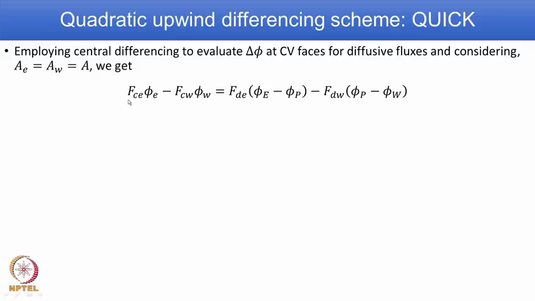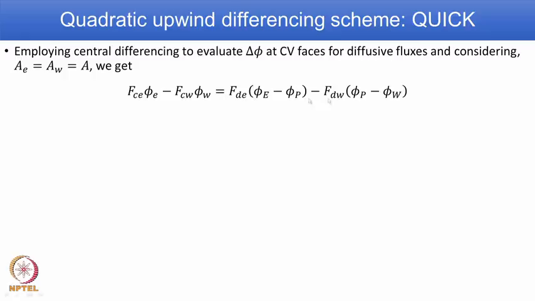This F is a flux, subscript C stands for convection and E stands for at the phase E. So, FCE phi at E minus FCW phi at W phase equals FDE multiplied by phi E minus phi P minus FDW multiplying phi P minus phi W.